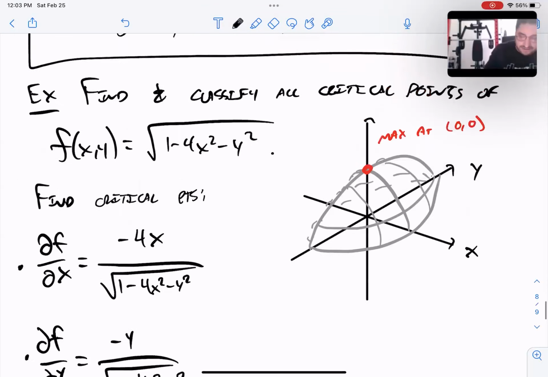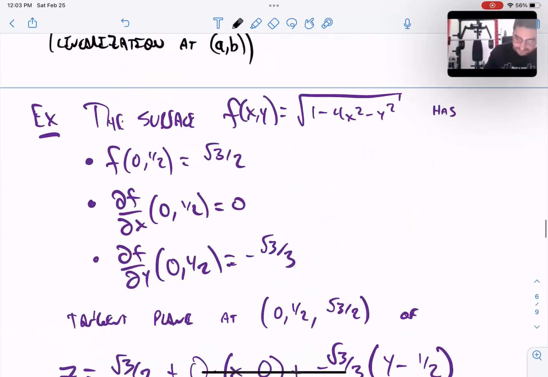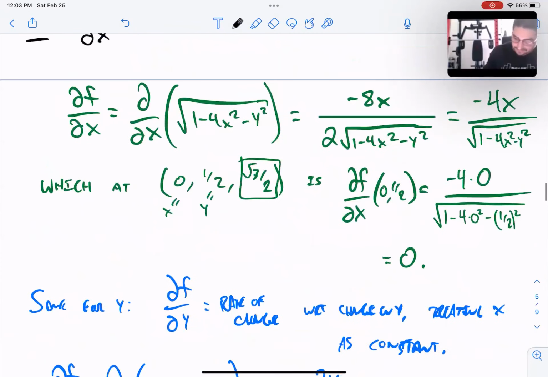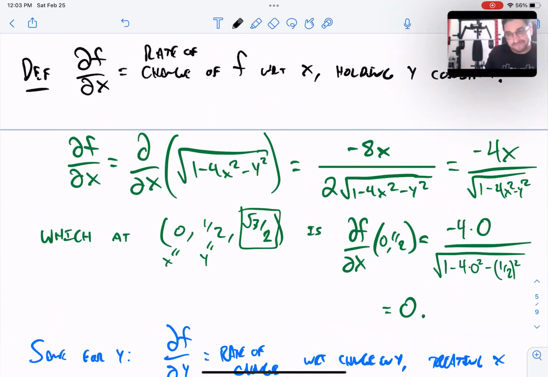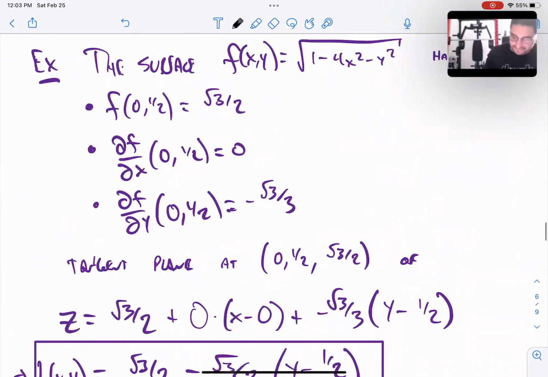I'm taking these just from up above. In the previous video in the Calc 3 playlist, we calculated these partial derivatives, so I'm just copying down those formulas.